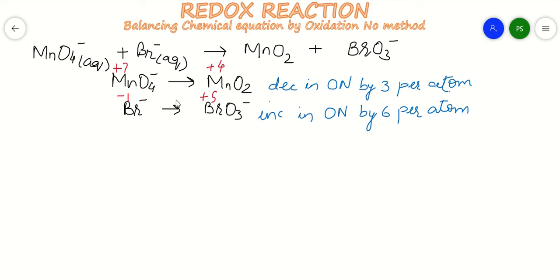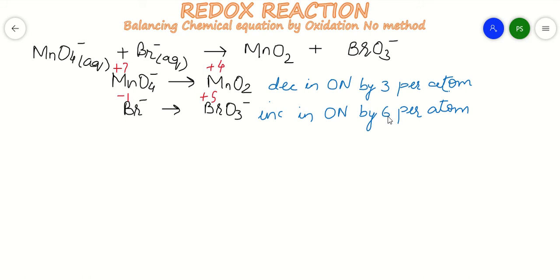Now, after calculating the increase and decrease in oxidation number in every half reaction, we are going to balance the net charge. That means the increase and decrease should be equal in both equations. And how to make it equal? The decrease is 3 in the first half, and the increase is 6 in the other half.